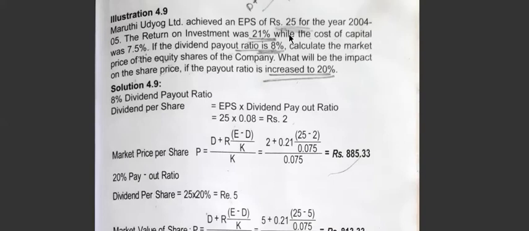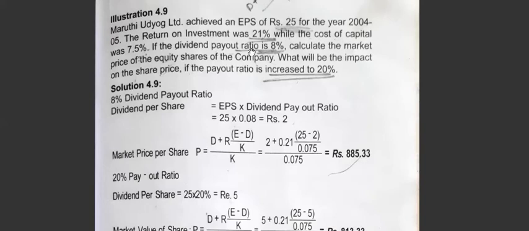So 25 into 8% means around rupees 2. Market price you have to calculate, taking the dividend as 2 rupees and R as rate of return 21%, K as 0.121. Then EPS 25 minus 2 rupees dividend, so you will get the answer 885.33.